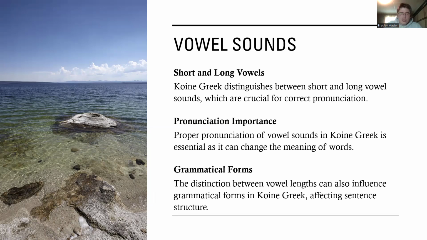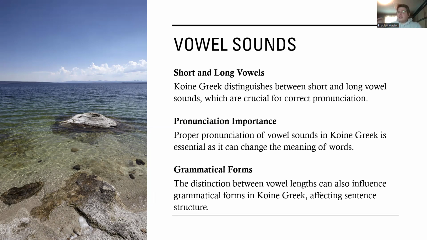We established those just a bit ago, that certain ones are expected to have that longer pronunciation versus the shorter one. The pronunciation importance is that proper pronunciation of vowel sounds in Koine Greek is essential because it will change the meaning of words, right? There's going to be a difference between a word spelled with an omega versus an omicron. So even though they might sound similar, it sure helps if we're pronouncing them differently because it keeps us from confusing those words and the difficulty that they have.